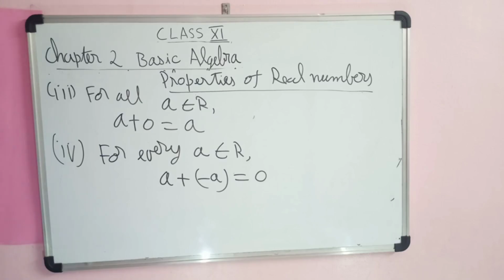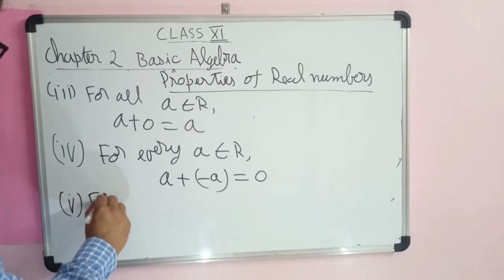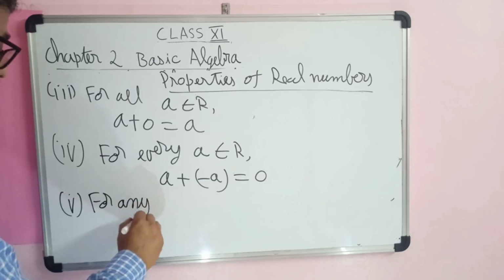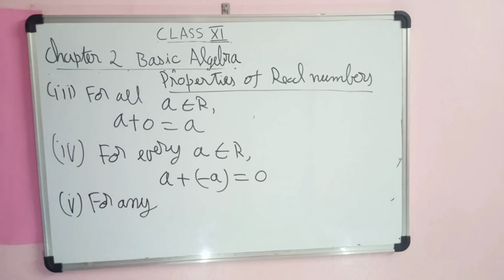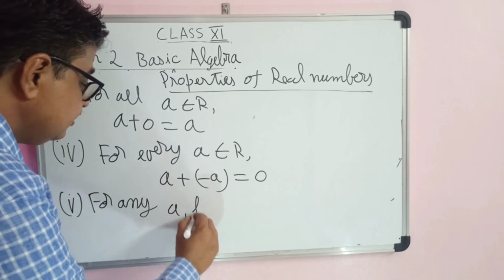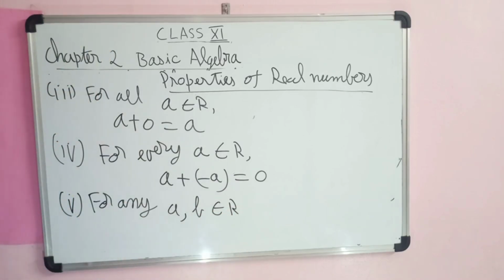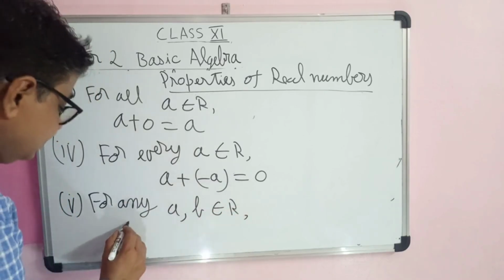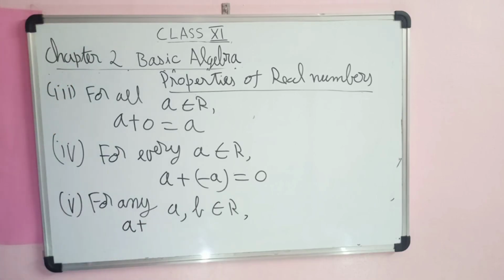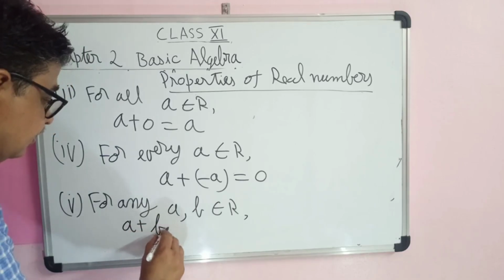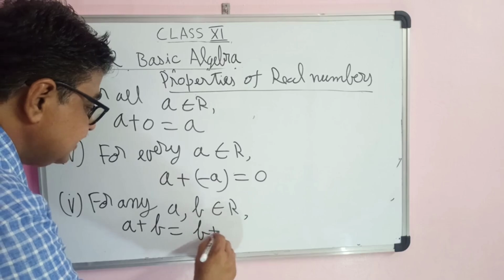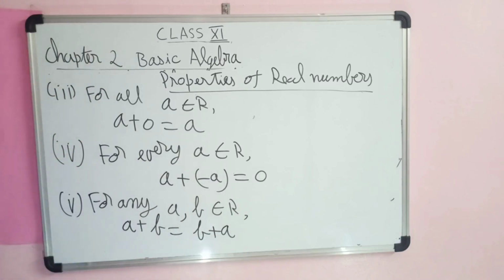Then fifth property, for any A, B belonging to real numbers, A and B are real numbers, A plus B equal to B plus A. This holds true.